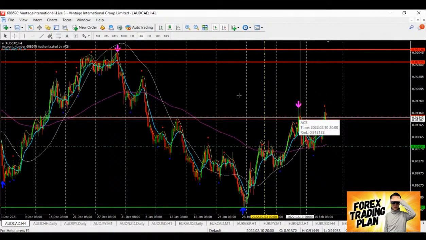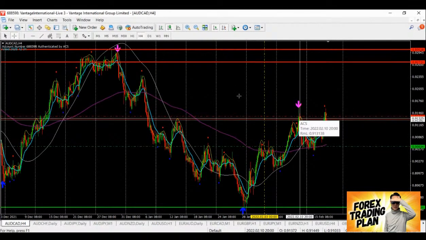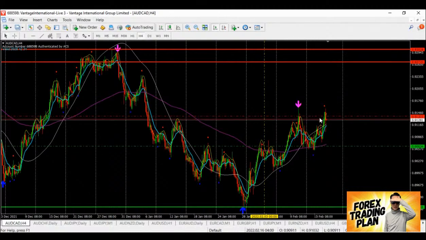As you can see, the resistance formed this morning, where the high impact news reached this point and stopped somewhere around this area. So it is a kind of price action that shows in the chart, and it is a way that we can identify where it will go.